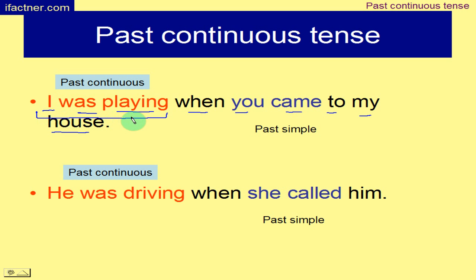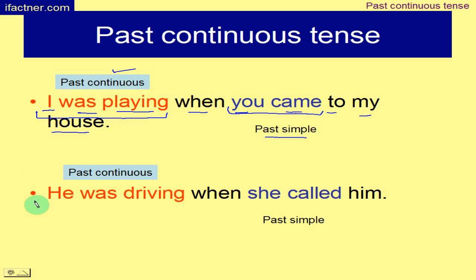I was playing is a past continuous tense. You came to my house, you came is a past simple tense. In this lesson, we will focus on past continuous tense.